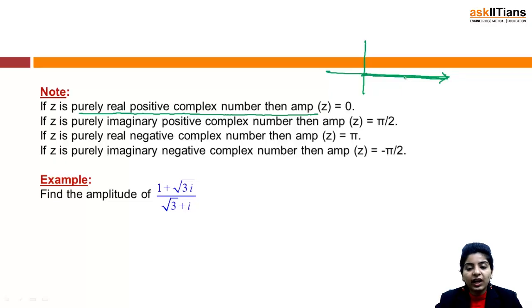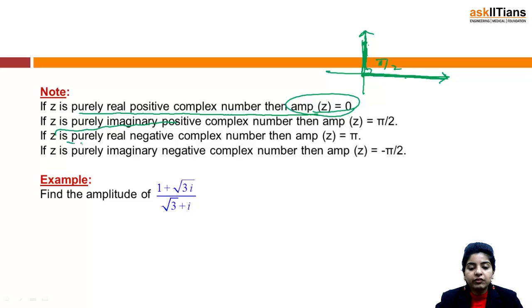Then obviously the angle that it makes with this axis is 0, and therefore the amplitude would also be 0. Similarly, if z is purely imaginary, that means it would lie somewhere on this axis. So if z is purely imaginary, then the amplitude of z, that is the angle which this complex number makes with the real axis, is 90, and therefore the amplitude would be 90.